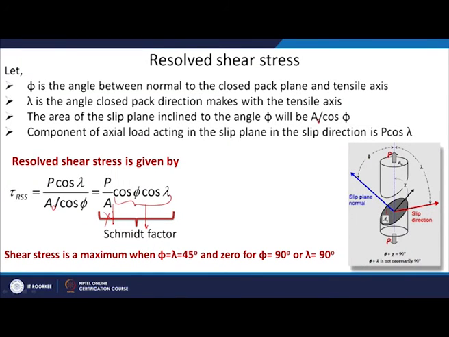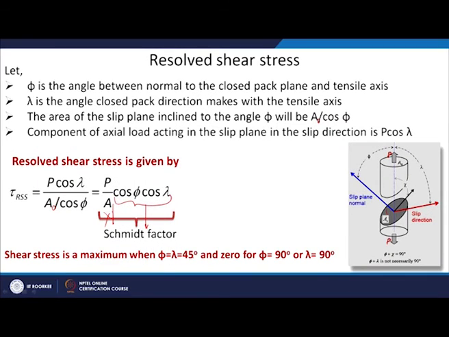Similarly, lambda becomes 90 degrees when the plane is in this condition. So, now the principal plane is acting like this. So, in this plane now shear stress cannot be maximum, because only the normal stress is acting there. So, in these two configurations of planes, my shear stress is going to be 0, and it is going to be maximum for phi and lambda equal to 45 degrees.